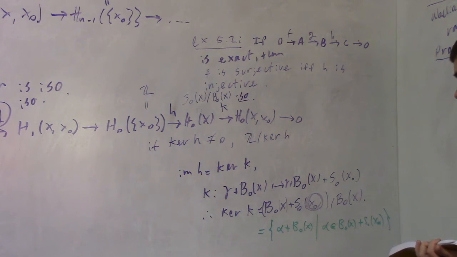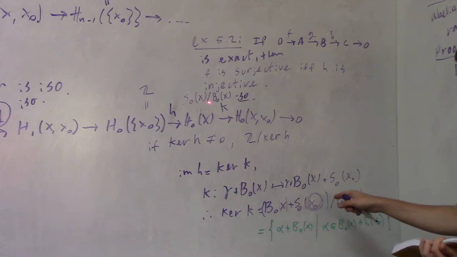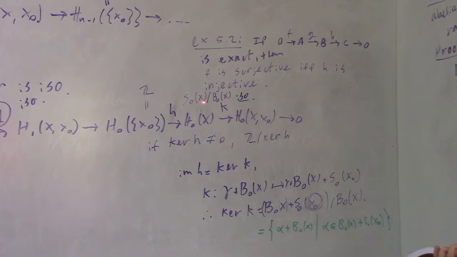So this S naught of X naught right here is the domain of K, right? So that's X naught. What are they saying here?